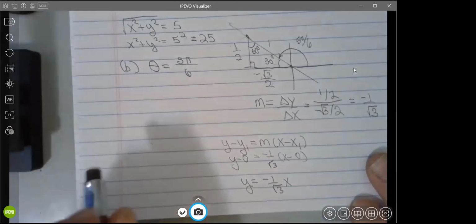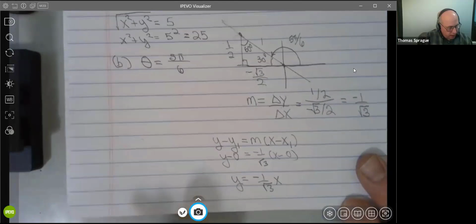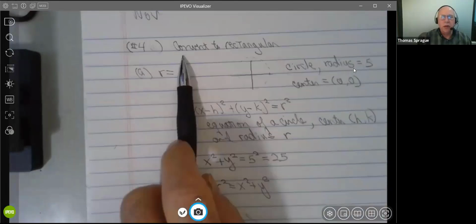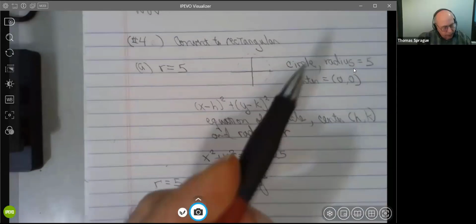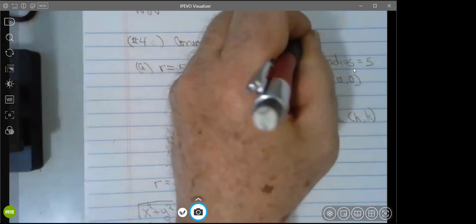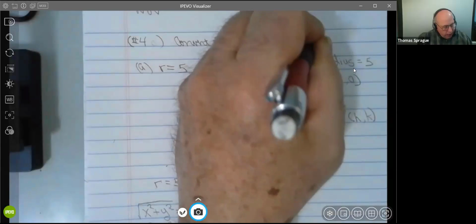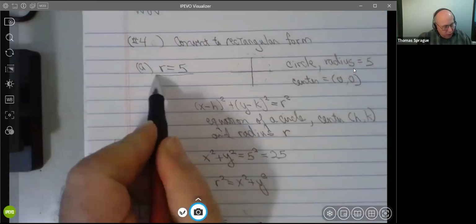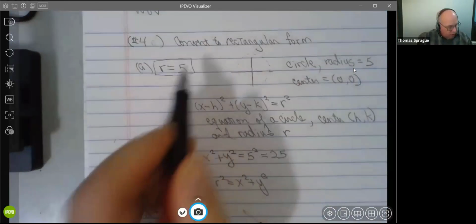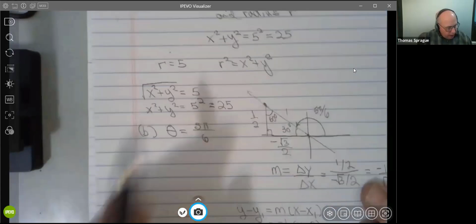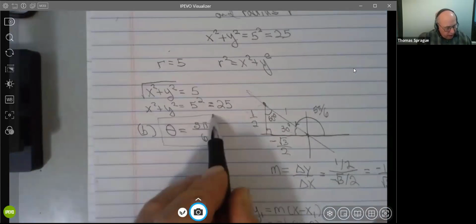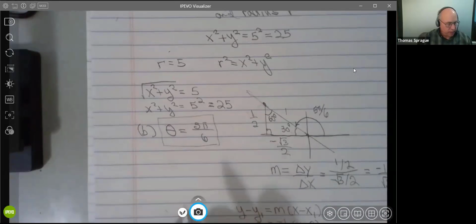Both of these have the same instructions: convert to rectangular form. Okay. And then you're given an equation in polar form, r equals 5 and theta equals 5 pi over 6.